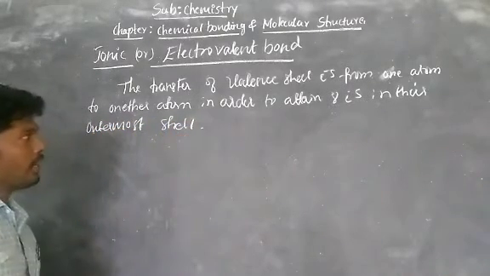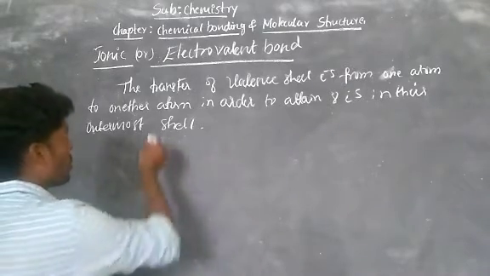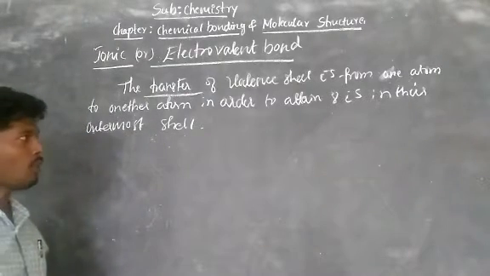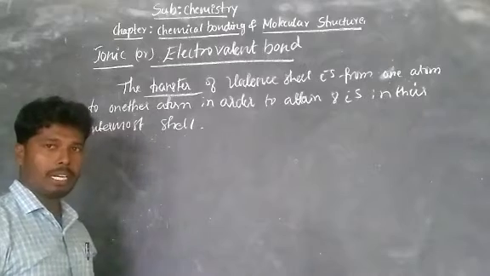So this is the simple definition of ionic bond or electrovalent bond. Here remember, the electrons are transferred from one atom to another atom. It may be either one electron or more than one electron.